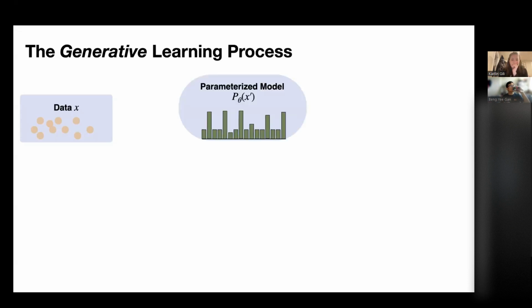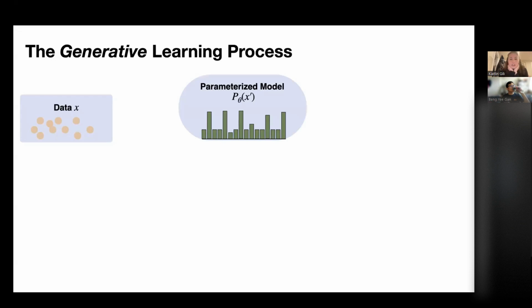I will start with what I define as the generative learning process, or what I've come to understand it to be. We have some data points, and this training data could be measurements or images. These could be quantum measurements, but a lot of times we work with classical data, especially in industry at the moment. So you could think of a classical image set, and these can be your data points.